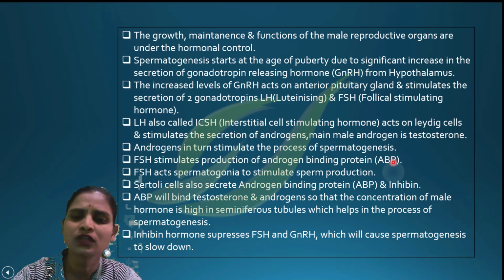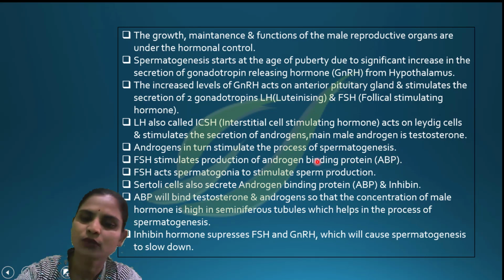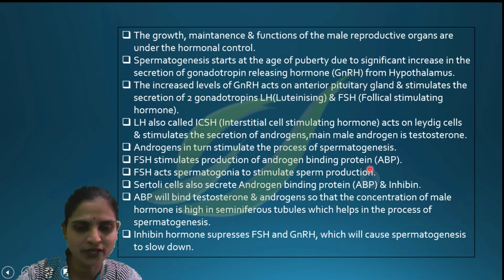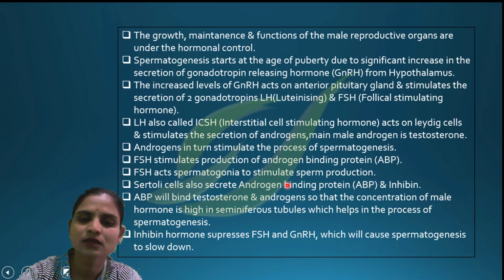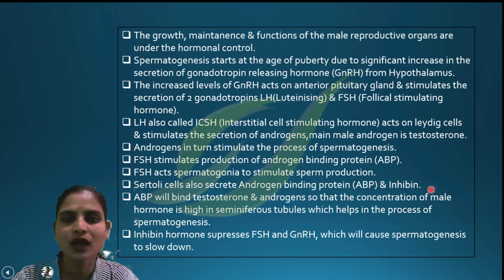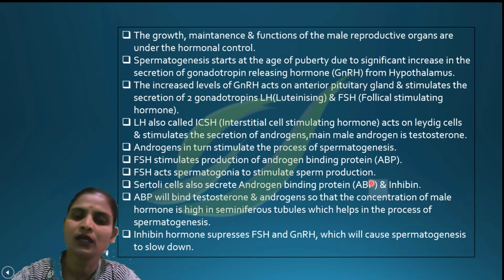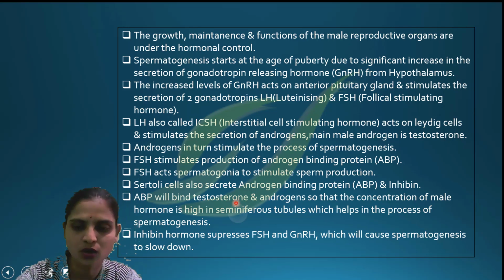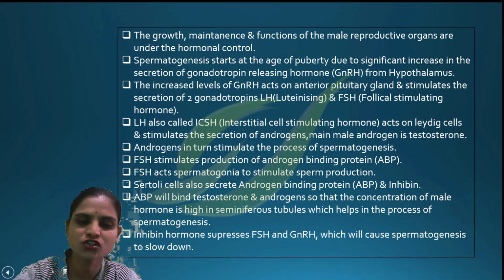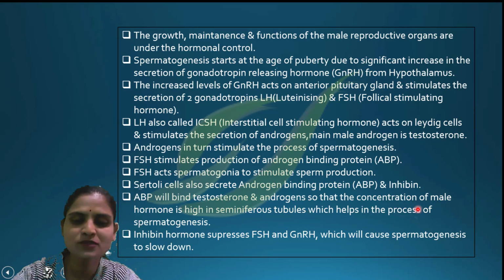As I told you, this protein is produced by the Sertoli cells. It also stimulates sperm production. Sertoli cells produce androgen binding protein as well as inhibin. This androgen binding protein will bind the testosterone hormone and other androgens so that the concentration of the male hormone will be higher in the seminiferous tubule, which helps in the process of spermatogenesis.